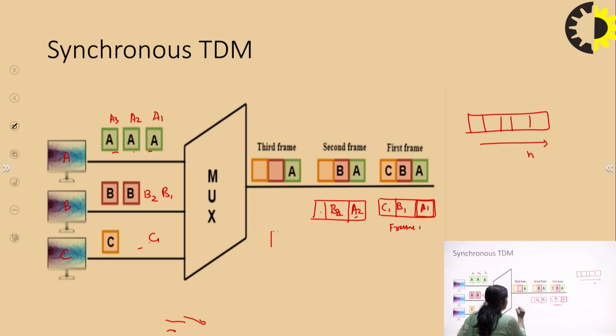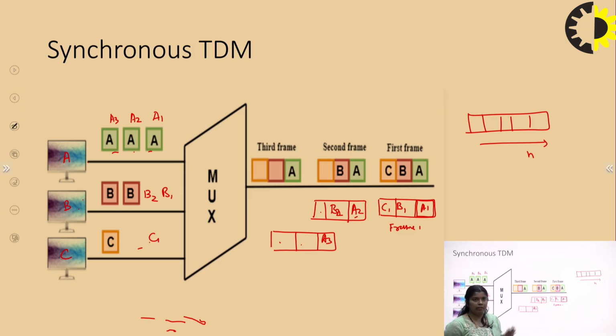Then for the next, there is A3, but B3 is not present and C3 is not present. Then these two bandwidths will be discarded, or you can say these places are wasted.